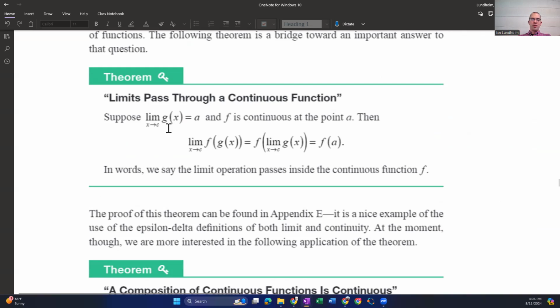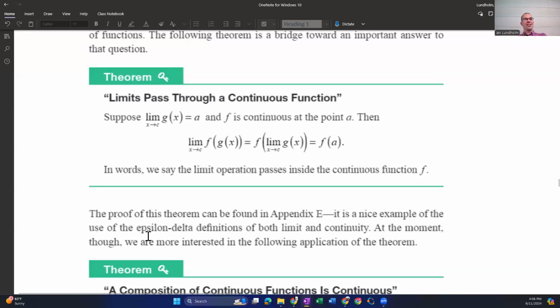We would need the limit of g of x as x approaches c to match a place where f is continuous in its domain. So it's important that this a matches the a that we put into f. But as long as that condition is satisfied, things play nicely with the composition, and the limit can be evaluated in either of these positions, and it works out to be the same.